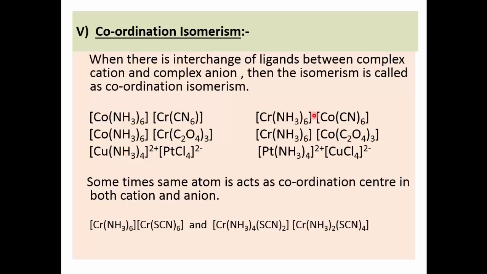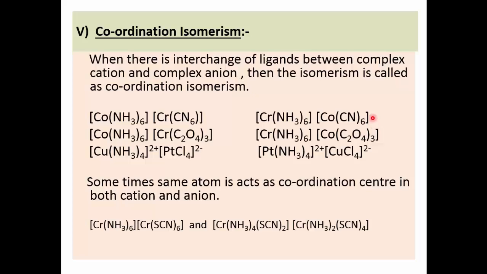That means in this case chromium is part of the complex cation, while in the first isomer it is part of the anion. Cobalt is now coordinated with 6 cyanide ions. In the first isomer it is coordinated to 6 ammonia molecules. Here, as it is coordinated to 6 cyanide ions, on this square bracket there is a negative charge.